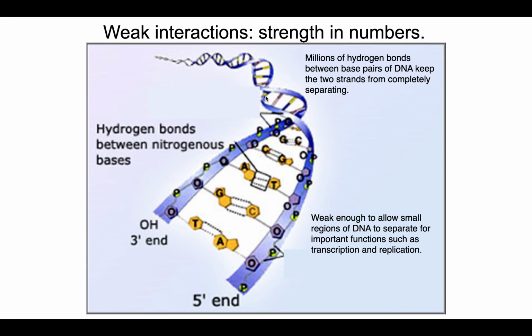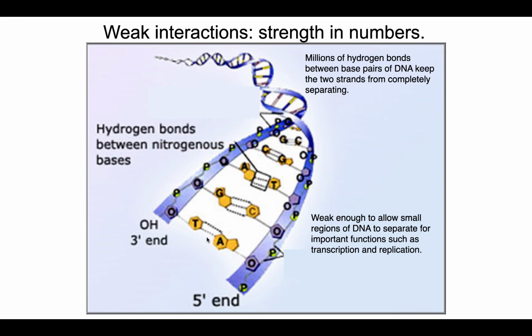Here is a molecule of DNA, and a molecule of DNA is made up of two strands, and these two strands are connected to one another not by covalent bonds, but by weak interactions here, weak interactions here, weak interactions here. So even though each individual weak interaction is weak, when you add up millions and millions of them between a molecule, they can be strong enough to keep the two strands of DNA from spontaneously separating from one another.